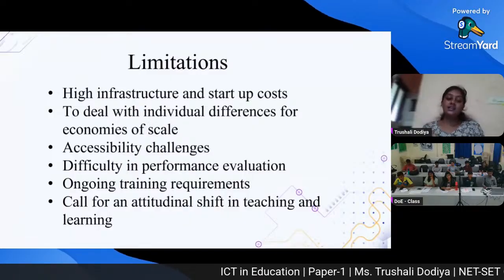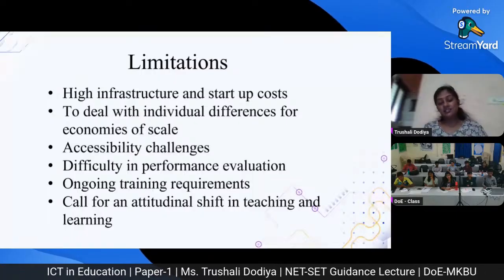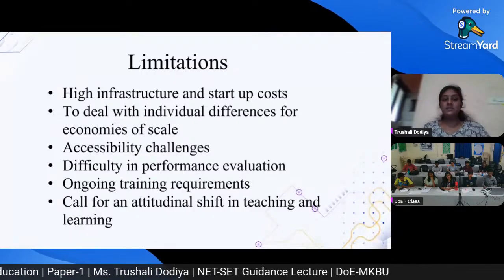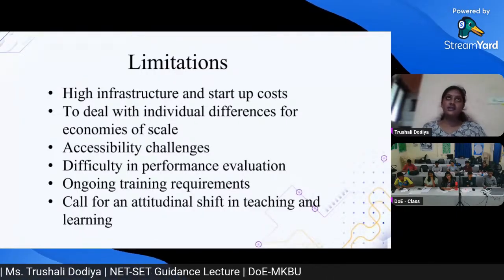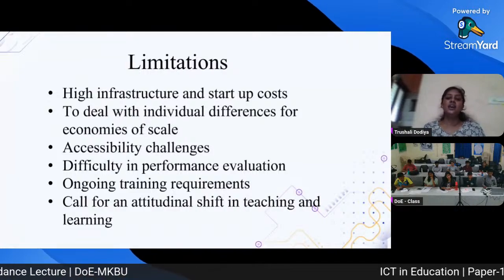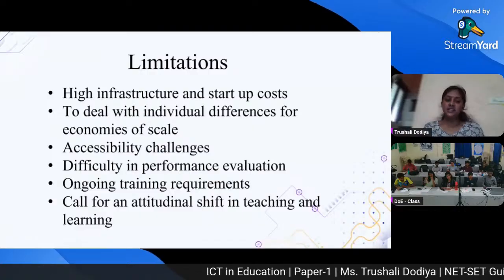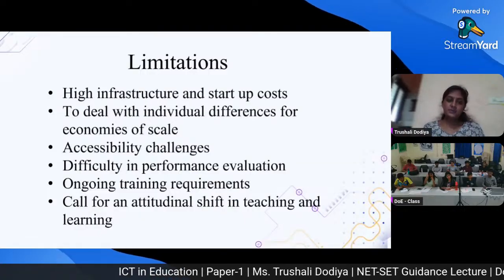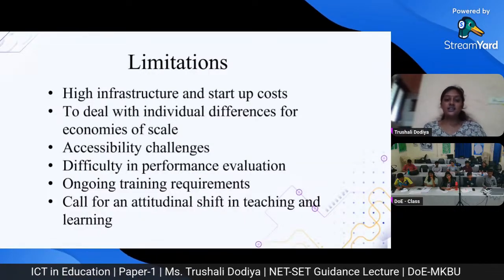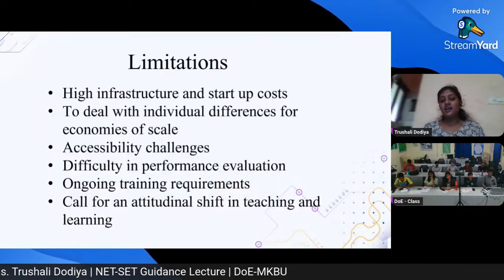And at the last, there is a call for an attitudinal shift in teaching and learning. Right now as well, people are preferring the traditional way of teaching and learning. They are not understanding the zeitgeist of using technology. How is it beneficial? Yes, there are some limitations, but there are benefits that are quite huge.